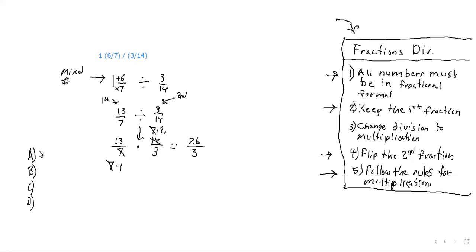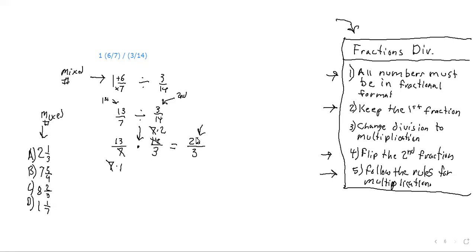For example, let's say this is 2 and 1/3, and this one is 7 and 5/4, and this one is 8 and 2/3, and this one is 1 and 1/7. But our answer we got was 26 over 3. These are all in mixed number format, a whole number and a fraction. So what must we do? We have to convert our answer to a mixed number format.